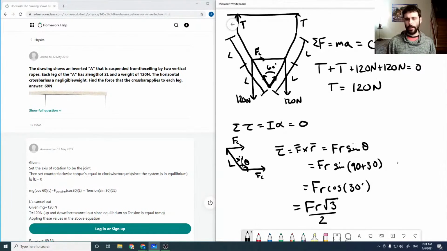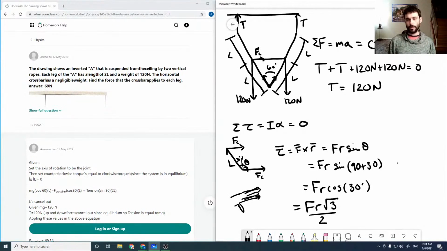Also, we need a sign on this guy, and so we're going to again use the right hand rule, and the way that I do it is put our fingers in the direction of the force on your right hand, and then your palm is in the direction of the L, and then your thumb is in the direction of the force.